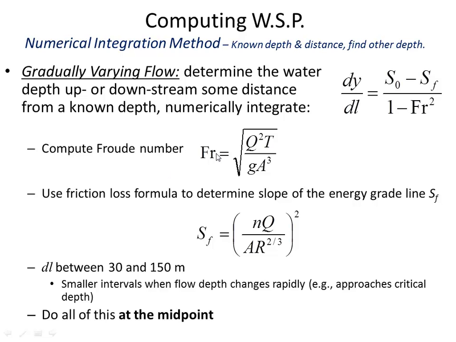Froude number, this is the same equation we've seen before. We'll try and limit how far upstream we go to between 30 and 150 meters as a maximum step. And we'll use smaller intervals when we know that the water depth is changing very rapidly. But we'll do these calculations at the midpoint because that's a way of improving accuracy.